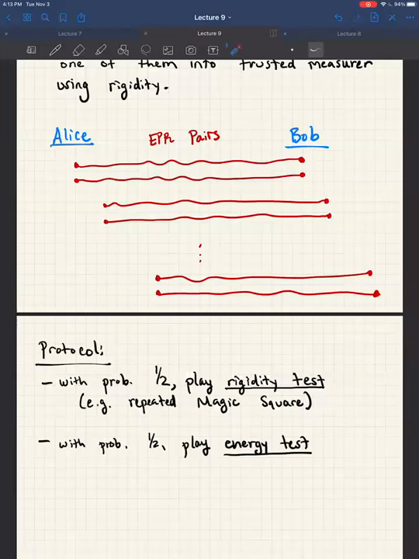And the whole point of this energy test is that Bob is not going to know which subtest he is in. He cannot distinguish between the two. So basically his behavior in these two tests is going to be exactly the same.